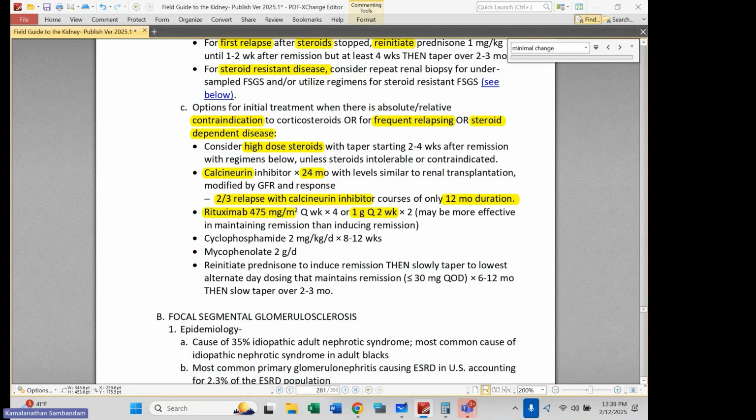Now, people have used it to get people into remission, but it's clearly less effective for that. Some of that may be through pharmacokinetics, because when you're floridly nephrotic, rituximab is cleared more readily.